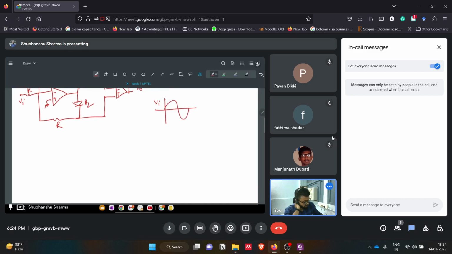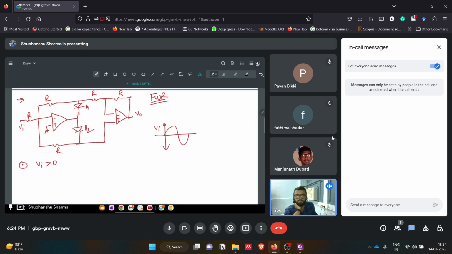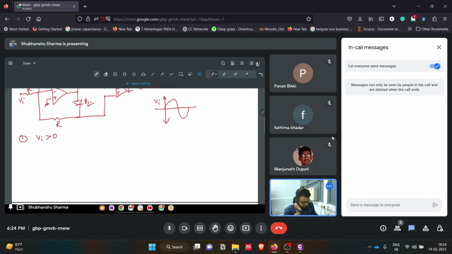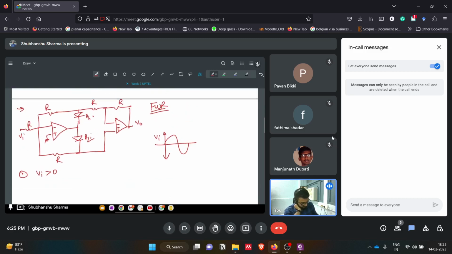a sinusoidal input. We will analyze first the positive cycle, when Vi is greater than 0. Just for the sake of simplicity, we'll consider D1 and D2 to be ideal diodes. When Vi is greater than 0, what will happen? Just analyze this circuit. If Vi is greater than 0, this voltage is greater than this zero voltage.